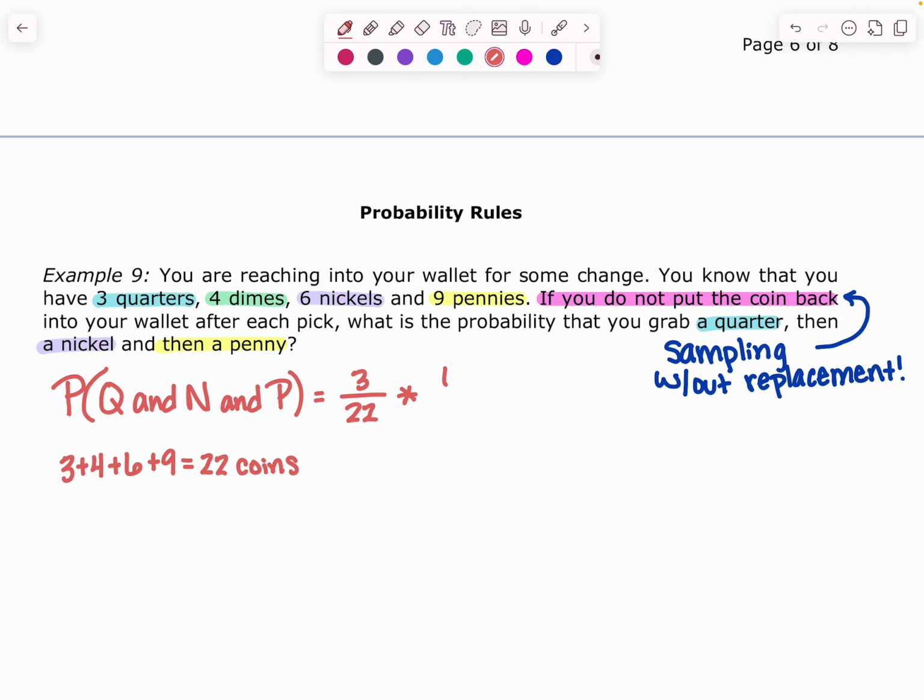There are 6 nickels in my wallet, but I kept the quarter, so now there are only 21 coins left. And I'm going to reach in one more time and try to get a penny. There are 9 pennies, and now there are only 20 coins left.